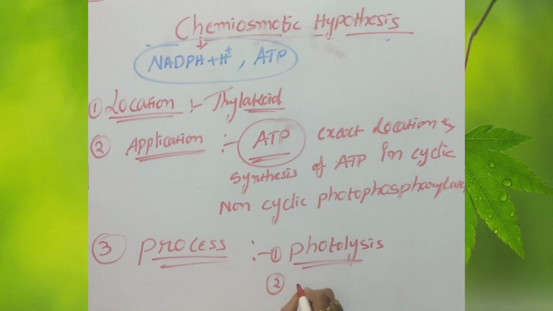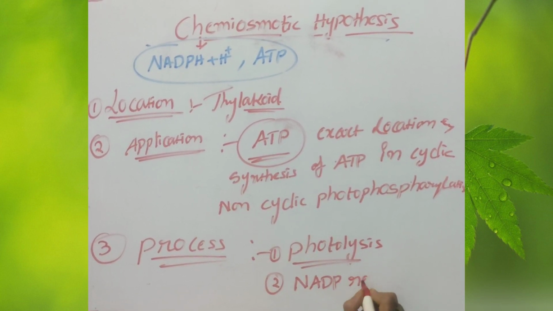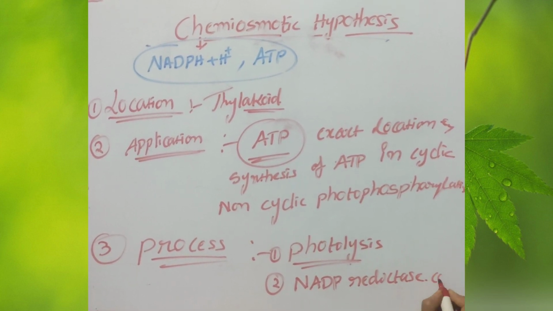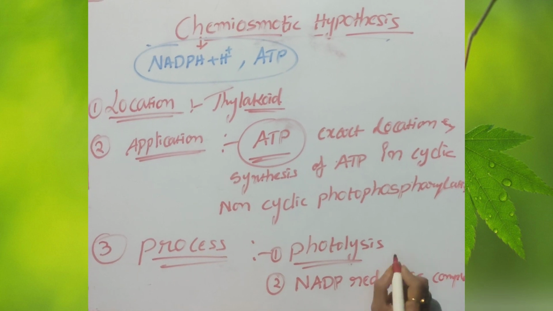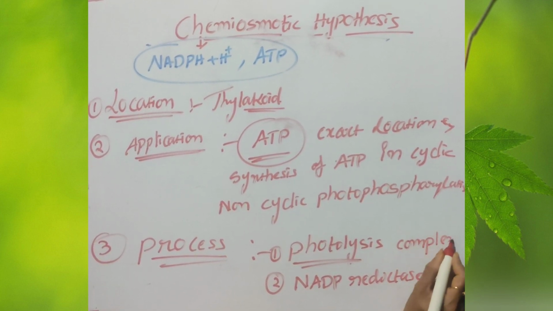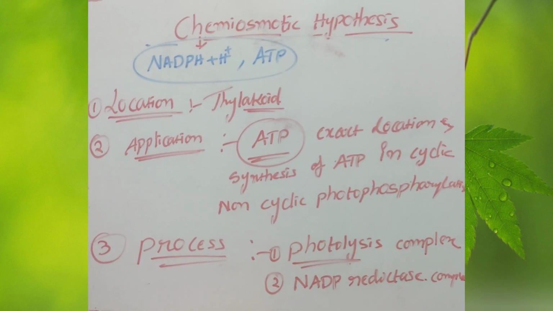The second one is the NADP reductase complex. Reductase is an enzyme. These two complexes are very important for the chemi-osmotic hypothesis.